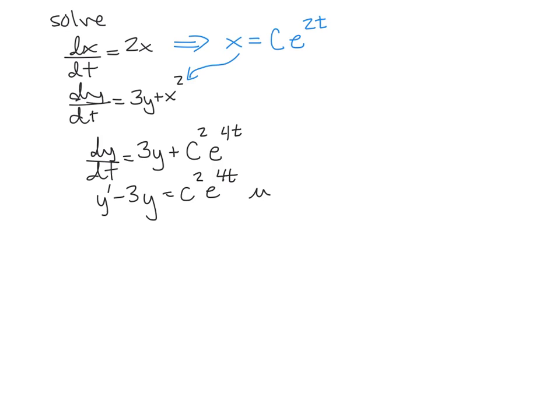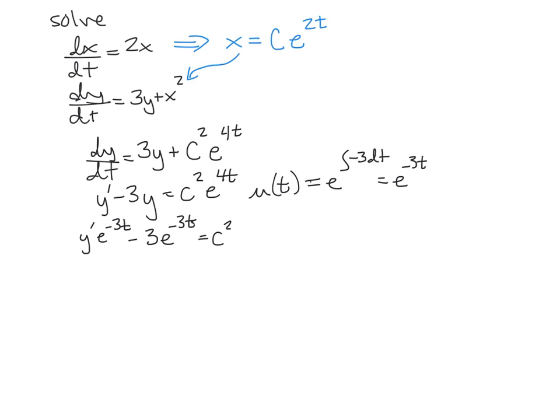And then I have to get my integrating factor, which is e to the integral of whatever is out in front of y. So my integrating factor is e to the negative 3t. So I'm going to multiply by the integrating factor on both sides. e to the negative 3t equal to c squared e to the t when we combine those. All right, so on the left-hand side, I'm going to get y e to the negative 3t, all of that prime. That's undoing that product rule.